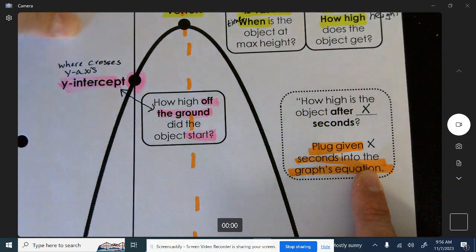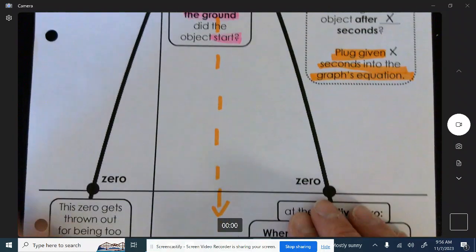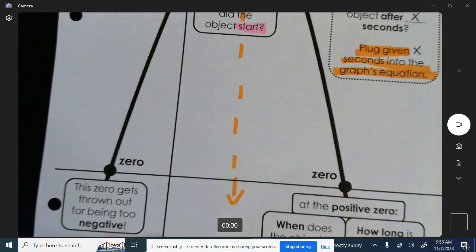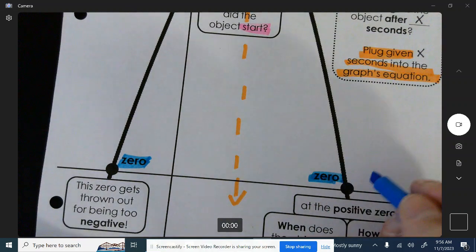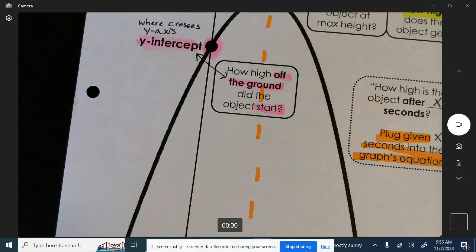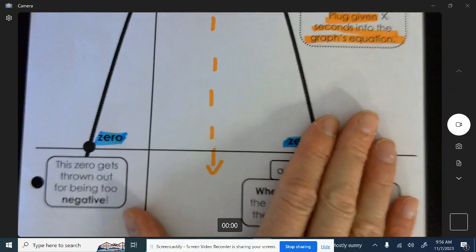Now, the other thing that is super important with these quadratic keywords are these words down here. We have 4 different words that mean the same thing, and I'm going to teach you all 4 today, and hopefully you'll remember them.